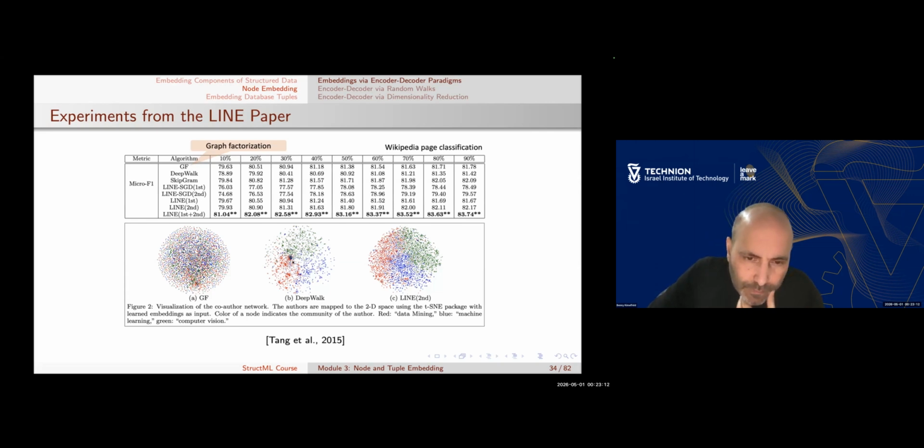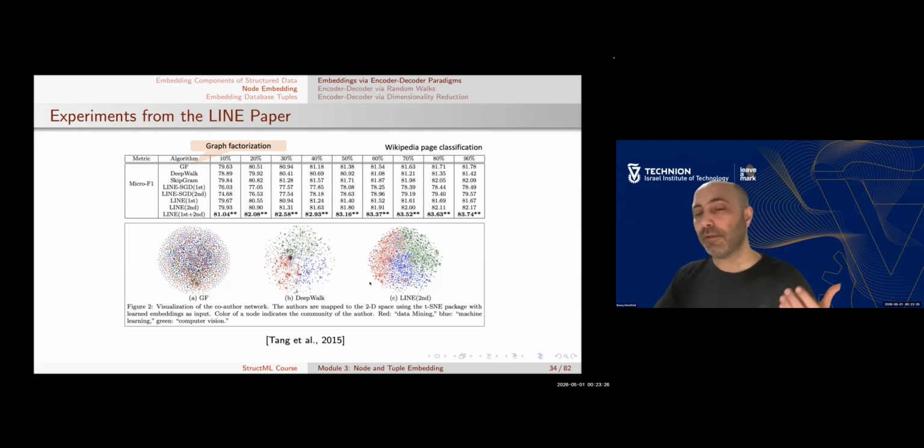However, there is this condensed part here where many or even most of the embeddings fall into, which is not a nice behavior. You would like to have some uniformity. And then they say, okay, LINE behaves very well because first the embeddings are spread all over. And you can see clearly that there's the red region, the blue region, and the green region.